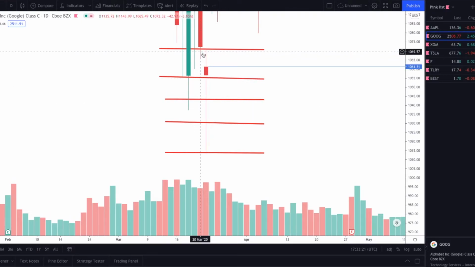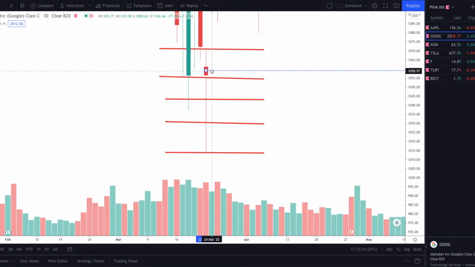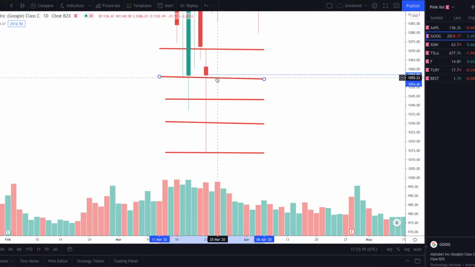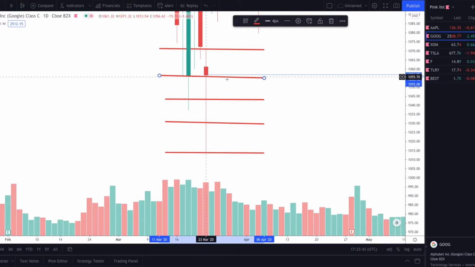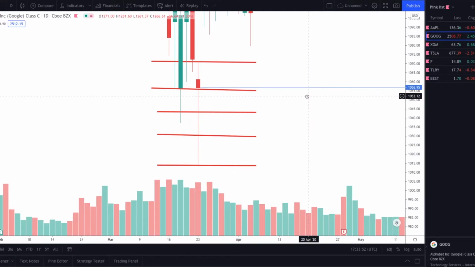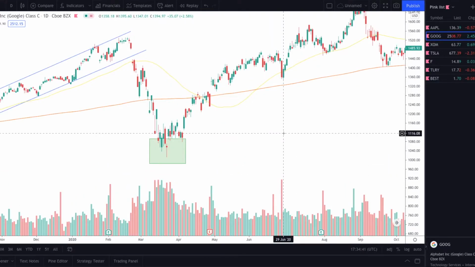If we break the candle into four, 1, 2, 3, and 4, for it to be a bottoming candle, we need the close to be above the top 25% of the entire move. This is really close, but it counts. It's top 25, huge tail, new low, close above. And as you can see, that was the bottom of the COVID-19 sell-off for Google.